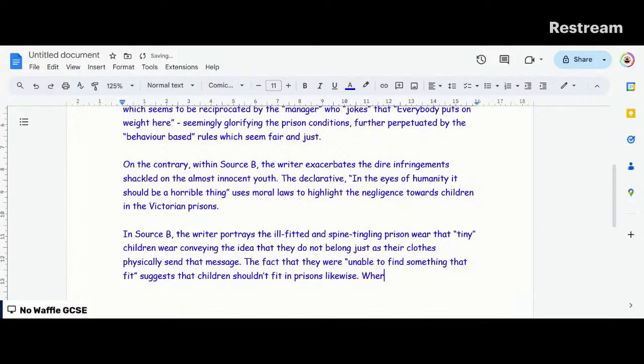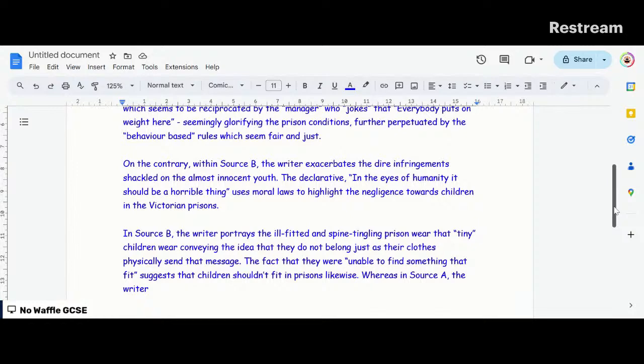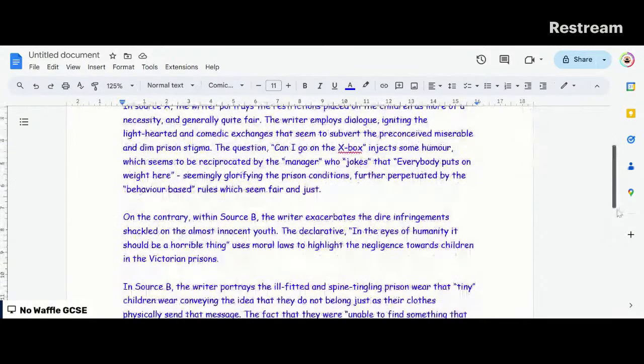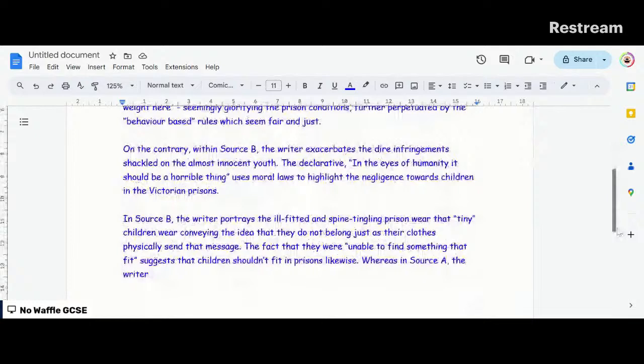And then we can compare this back to source A. So whereas in source A, the writer, I'm giving multiple points. So yeah, in this, you can see that I'm giving 2 points each, and that should be enough for an 8 marker.